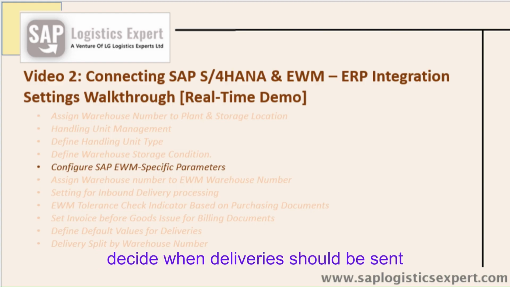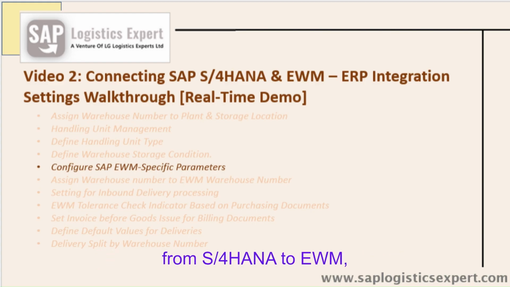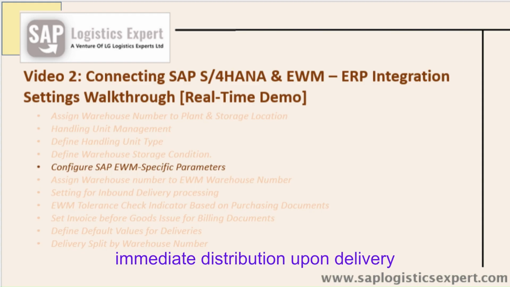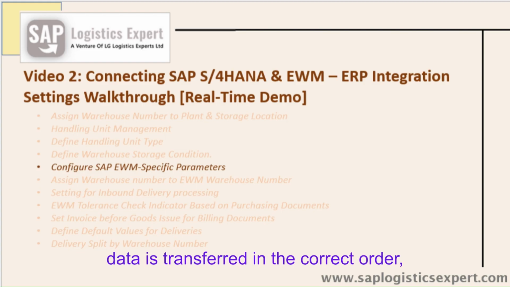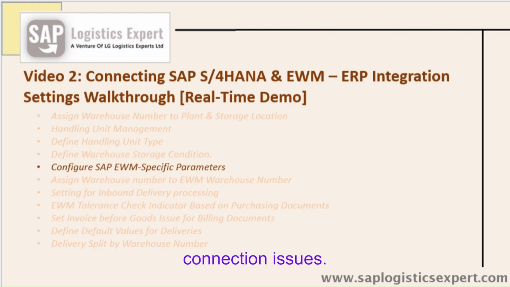We also decide when deliveries should be sent from S/4HANA to EWM, immediate distribution upon delivery creation or manual controlled distribution later. Finally, we set the communication method between S/4HANA and EWM to queued and serialized RFC. This ensures data is transferred in the correct order without loss, even if there are temporary connection issues.